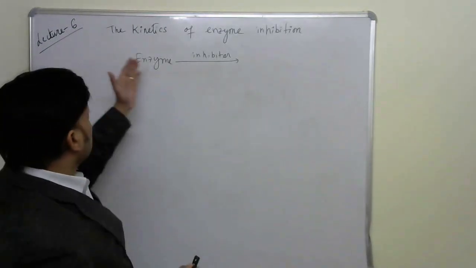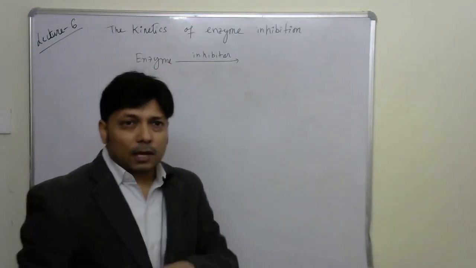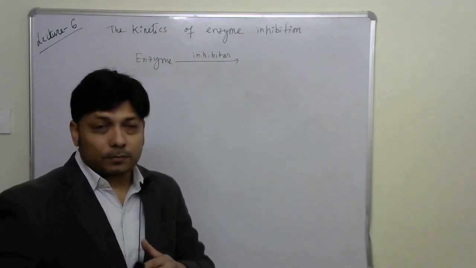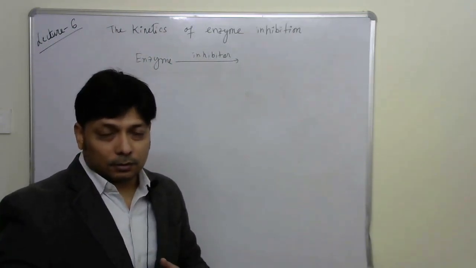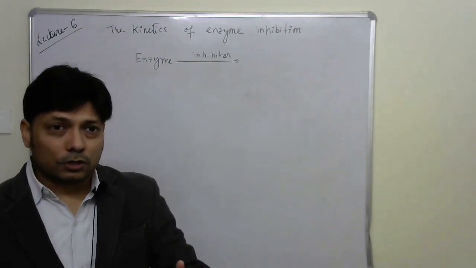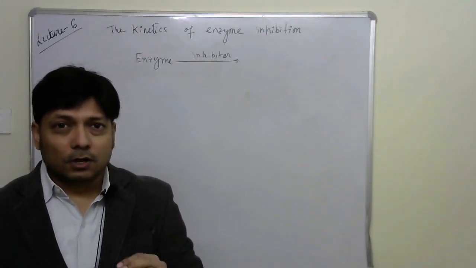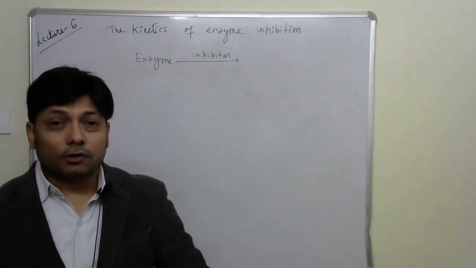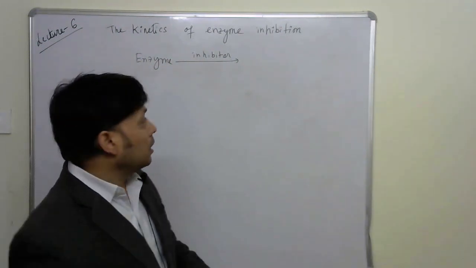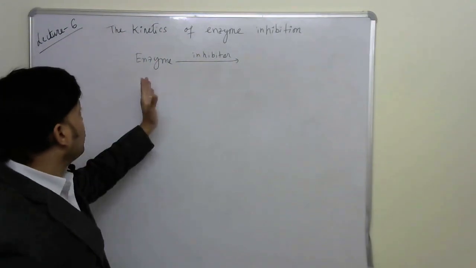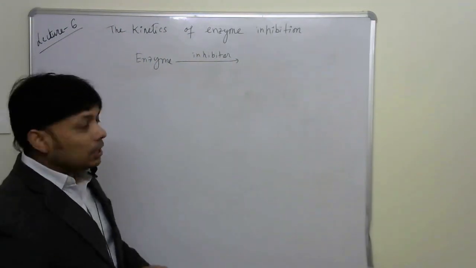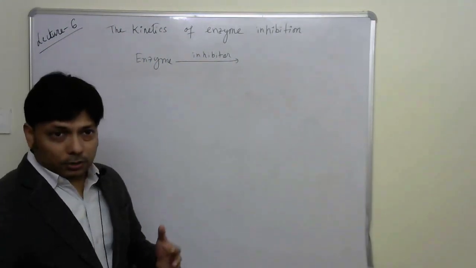Here we start a new topic. It's called enzyme inhibition. From this point, we would concentrate on enzyme inhibition, different types of inhibitors, and also different types of inhibition kinetics.